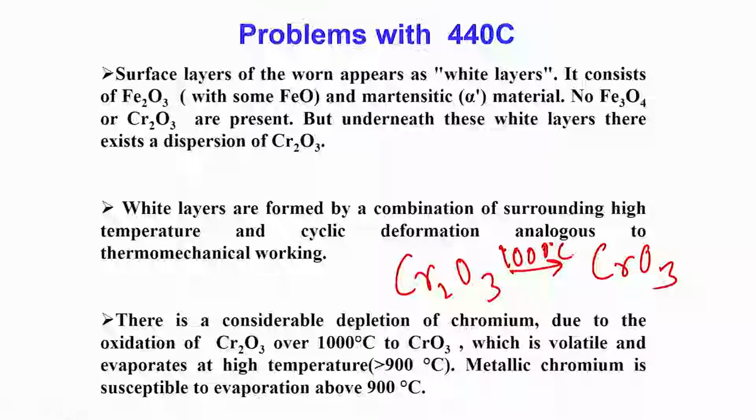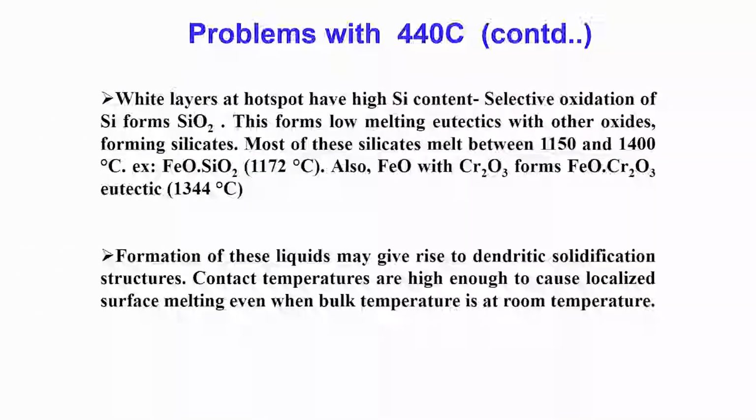This kind of oxidation takes place at 1000 degrees Celsius, and that evaporates at more than 900 degrees Celsius. And metallic chromium is also susceptible to evaporation above 900 degrees Celsius. Now essentially these white layers lead to selective oxidation of silicon to form silica, and also iron oxide can form a double compound called FeO Cr2O3 at 1344 degrees Celsius.